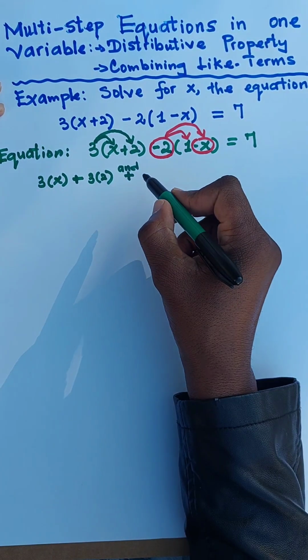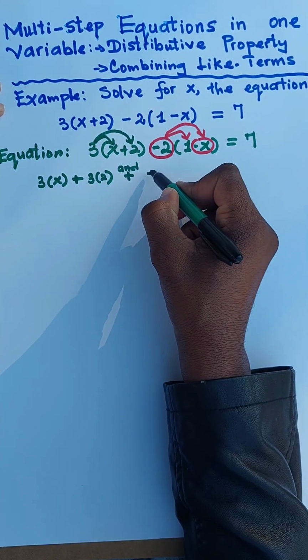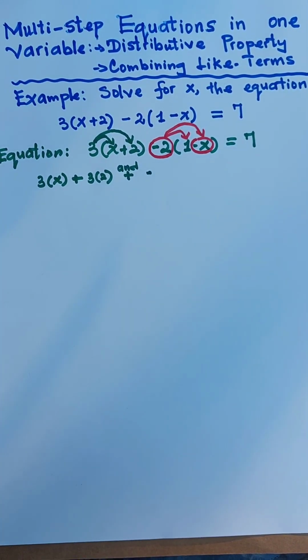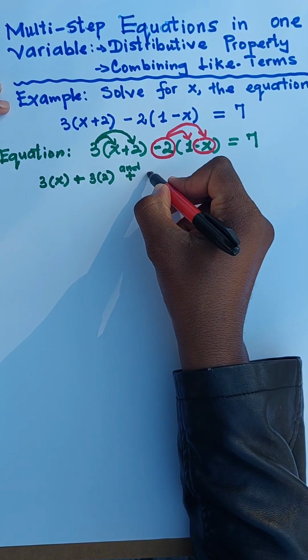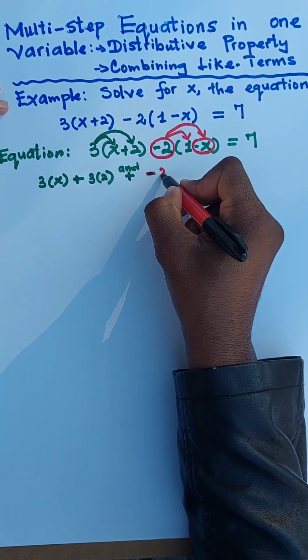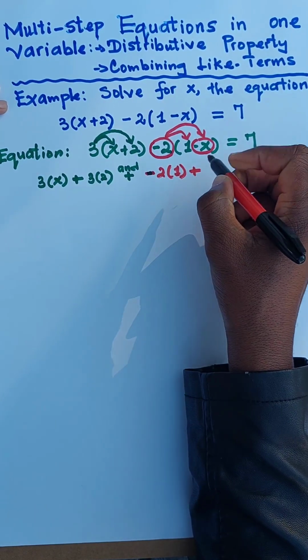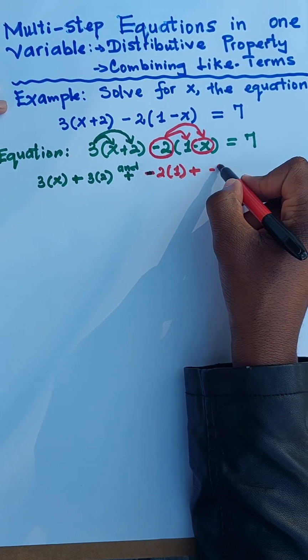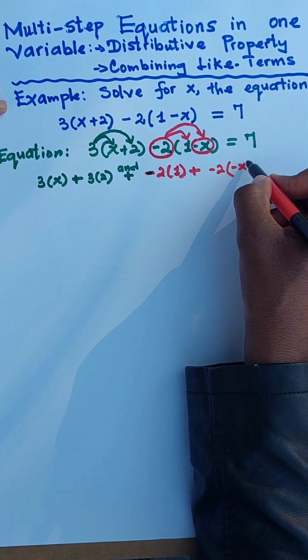Okay, and we are going to have negative 2 times 1. Okay, it's better to separate them like that. So now we have negative 2 times 1, plus we will also have negative 2 times negative x.